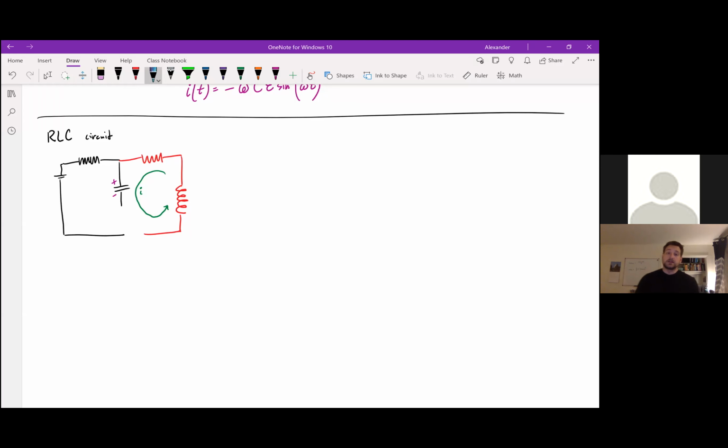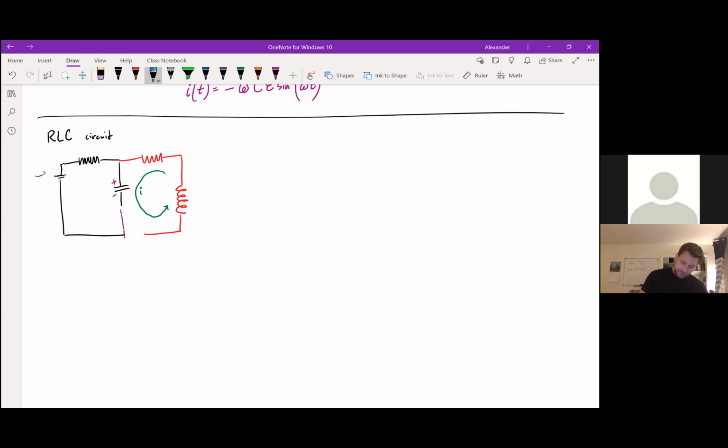Let's consider, for the third part of our introduction, a circuit with a resistor, a capacitor, and an inductor all in series. Initially, we spend some time with the switch in this configuration charging the capacitor to an initial potential difference, EMF.